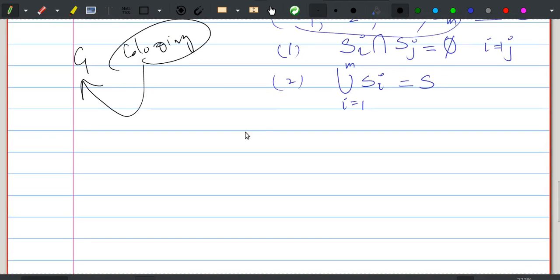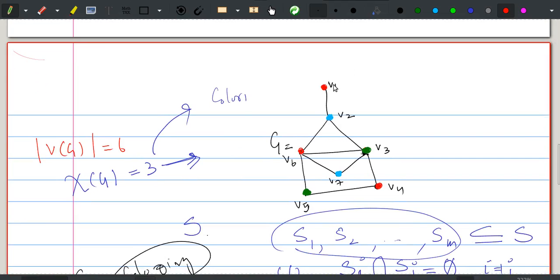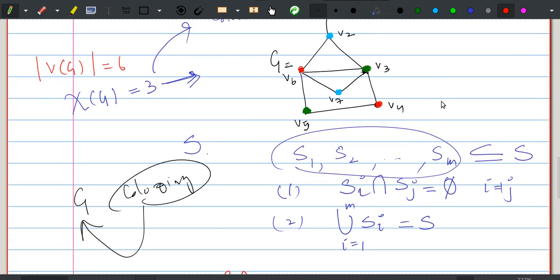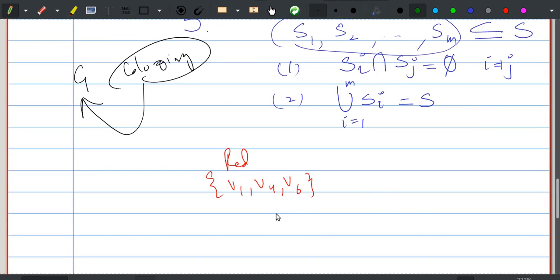As far as the color red is concerned, three vertices are lying here, V1, V4 and V6. These are the vertices which are painted with red color. Now let us look at the vertices which get the green color.